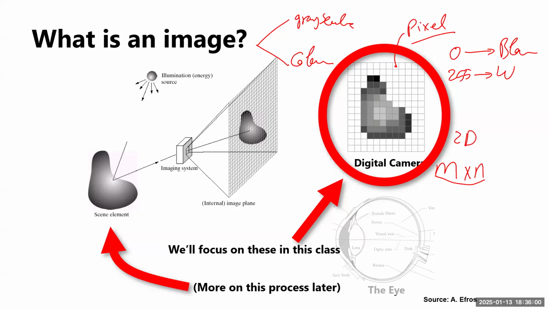I'm asking why 255. Why didn't we use 1000, for example? Why didn't we use 100? Any thoughts? Is that something to do with the color spectrum?